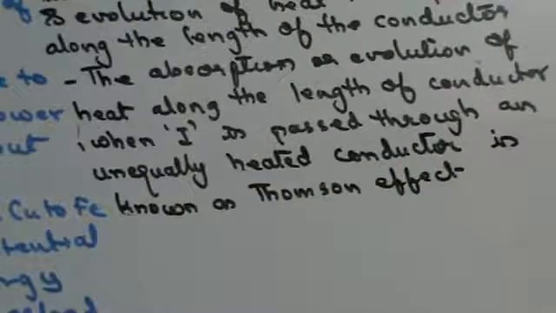So if I heat a conductor unequally and pass current through it, there would be absorption or evolution of heat along the length of the conductor, and that would be called Thomson effect, right?